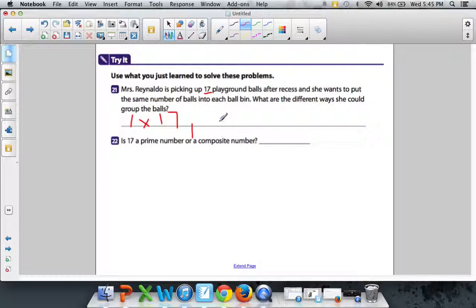Think about it. Draw rows if you want to. There's no other way. 2 times, nope. 3 times, nope. There's no other picture you can draw. Well, what if I put a 5 on top and 5 after that? Okay, do that. Then you'll have 10, but you still have to make it to 17.